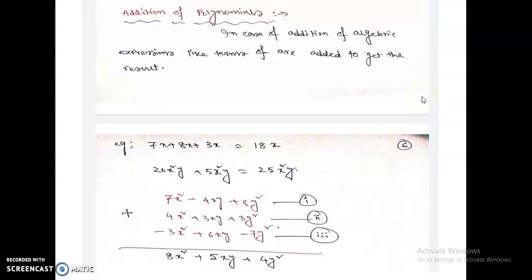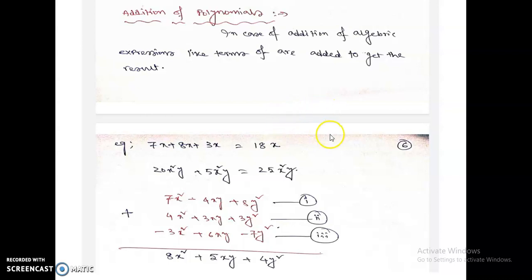Now we will discuss the addition of polynomials, how we can add different types of polynomial expressions. So let's come to the addition of polynomials one by one. First of all, to add algebraic expressions, we will have to write the algebraic expressions one after another in such a way that the variables are positioned in the same column.